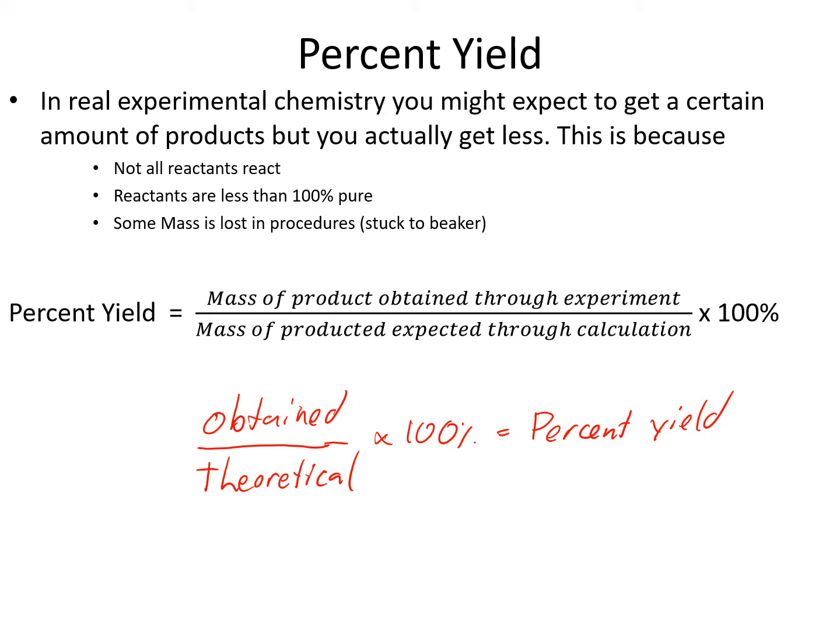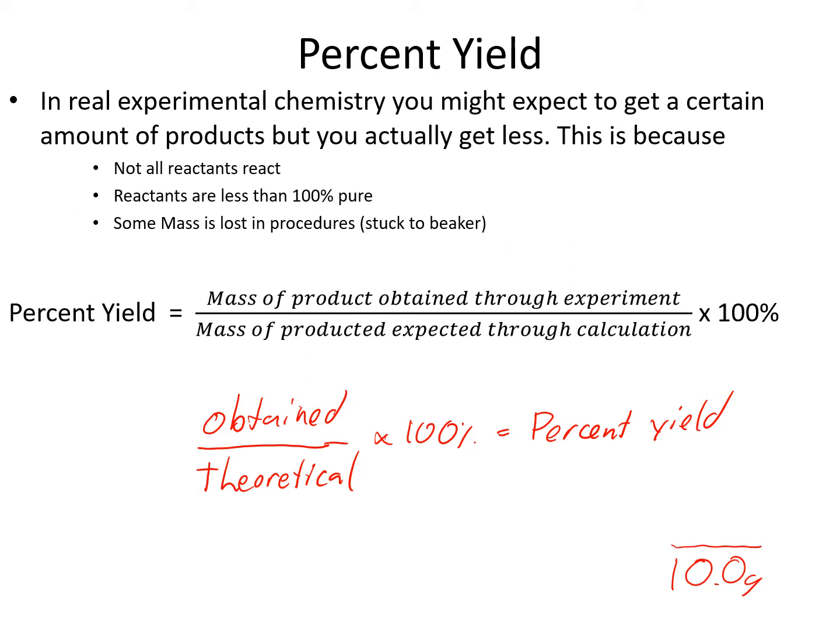So let's imagine you did some stoichiometry and you had a big calculation, and after your big calculation, it says you should be getting 10.0 grams of something. So you actually go out, you perform the experiment, you do everything, and you lose some of that, and you don't really know why.